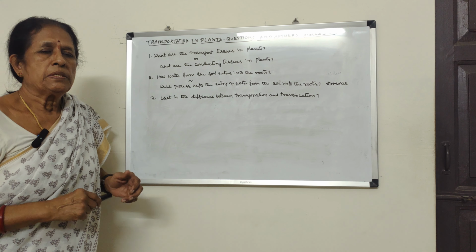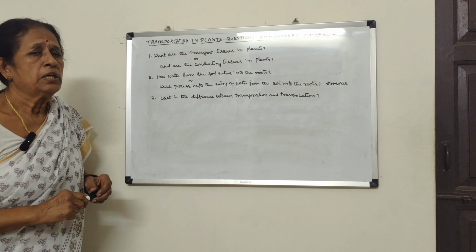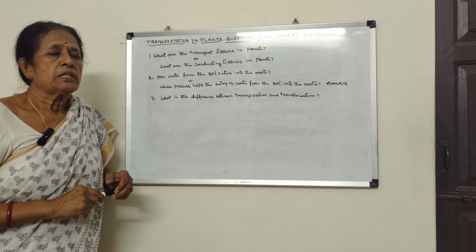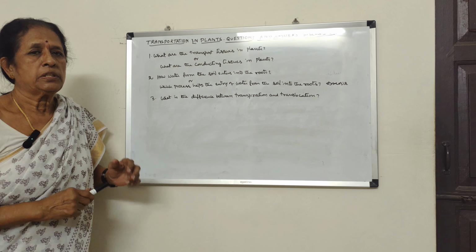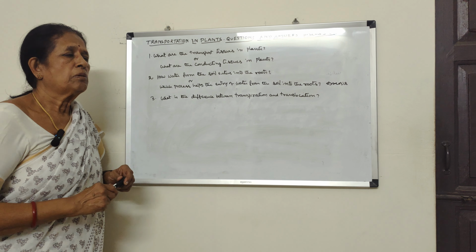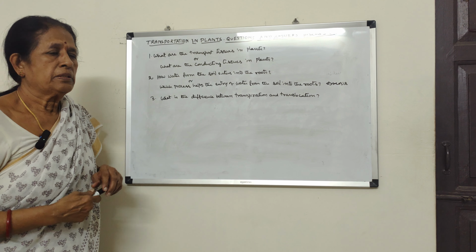In the phloem, phloem vessels, companion cells and phloem parenchyma are present. Xylem and phloem are not simple tissues, they are complex tissues. The phloem tissue helps in translocation, that means the transportation of food materials to various parts.